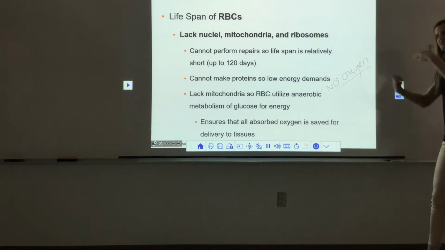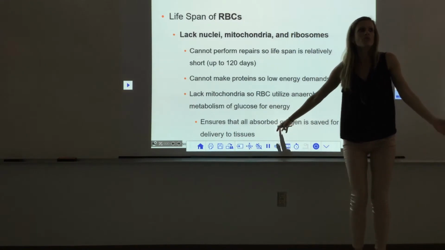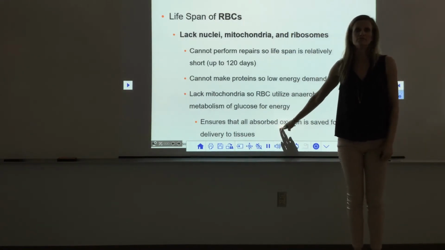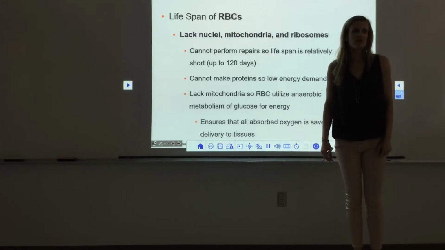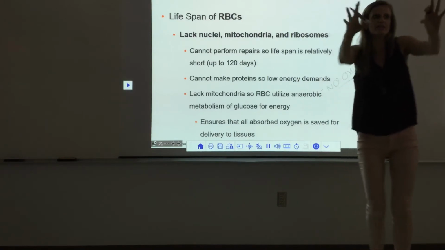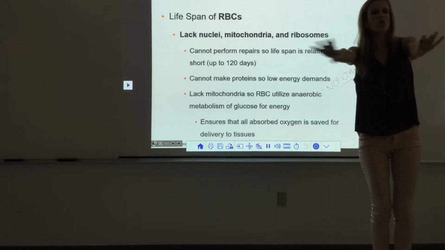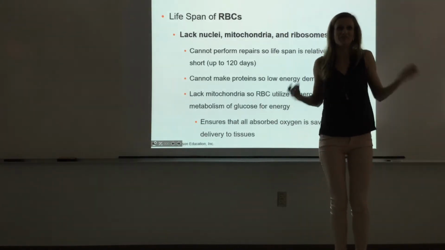Again, this all leads up to the next point. The whole reason behind this is that, remember, what's the job of the red blood cell? To transport oxygen, not to gobble it all up himself. He's just supposed to carry the oxygen and then deliver it to target cells. We don't want him to take the oxygen up and then use it to make ATP and be a really efficient, full of ATP guy.